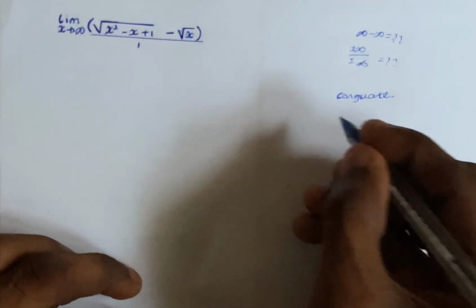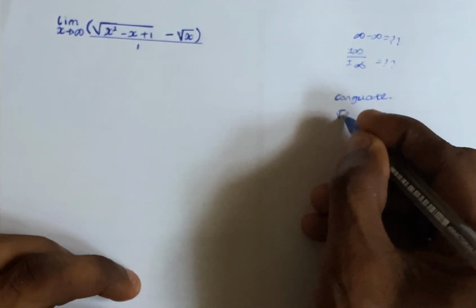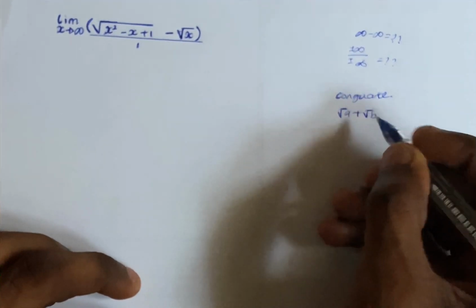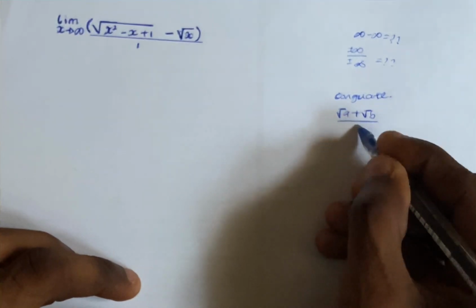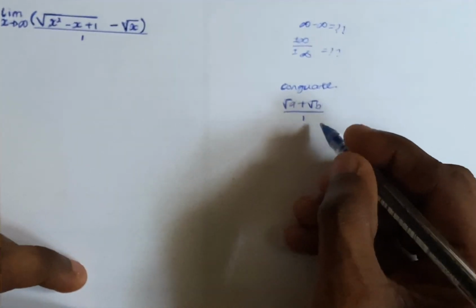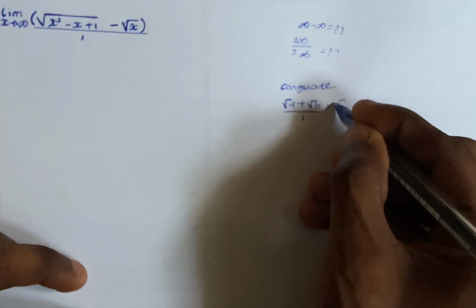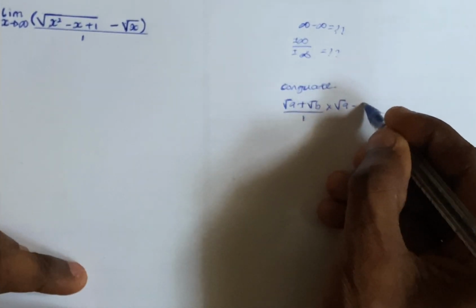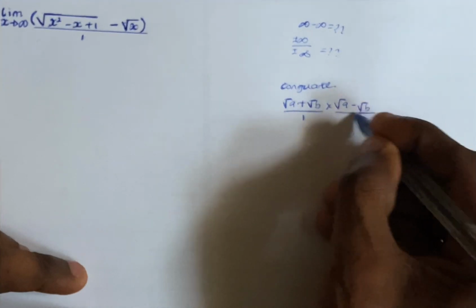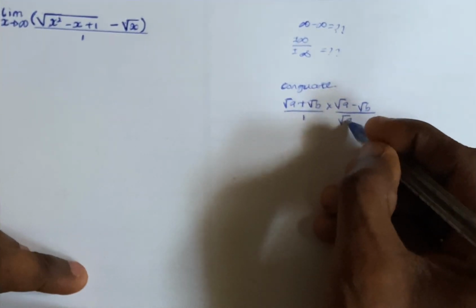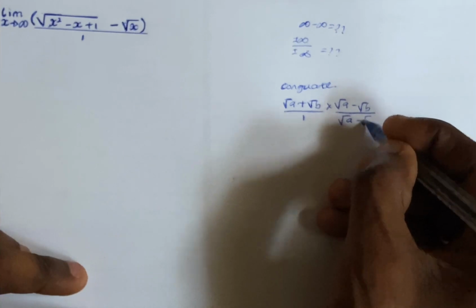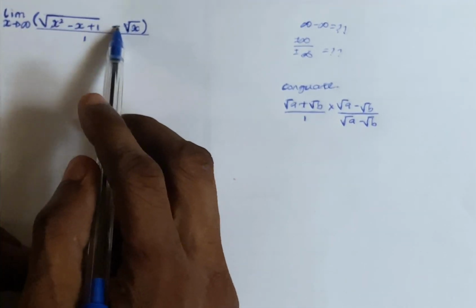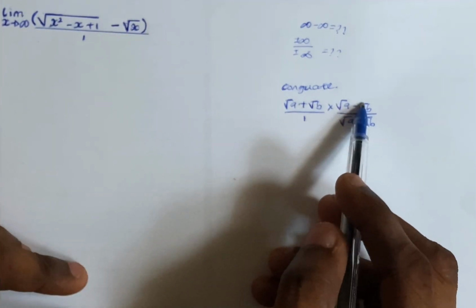When you are conjugating, when you have square root of a plus square root of b over 1, the conjugation will be times square root of a, opposite sign, minus square root of b, over square root of a minus square root of b. So for this, which is minus, the conjugate will be a plus.